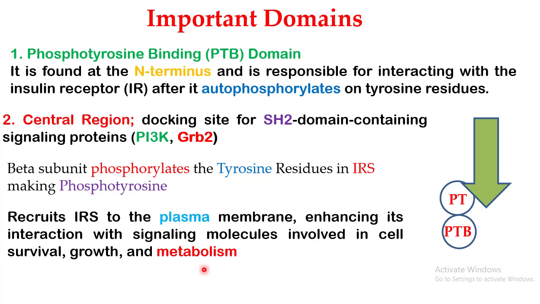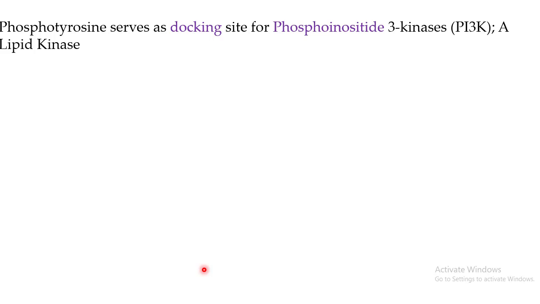When we talk about glucose uptake, the recruitment of the IRS to the plasma membrane is responsible for the activation of another protein, PI3K, the phosphoinositide 3 kinase. So you have activated the receptor, you have made phosphotyrosine in the IRS, the IRS is recruited to the plasma membrane, and there it is responsible for the activation of the phosphoinositide 3 kinase, for short the PI3 kinase.